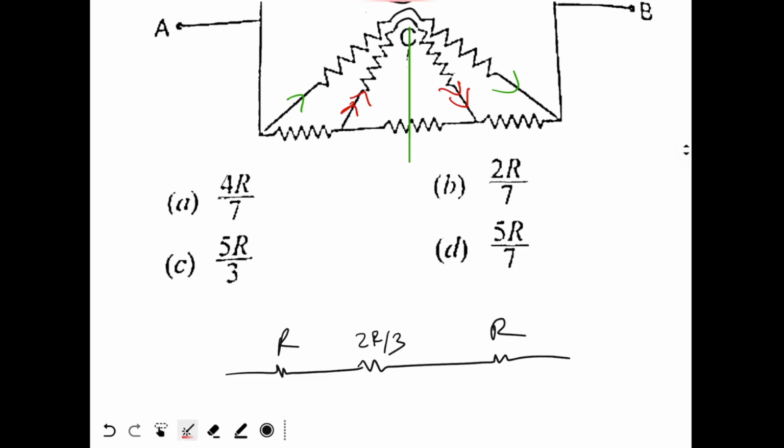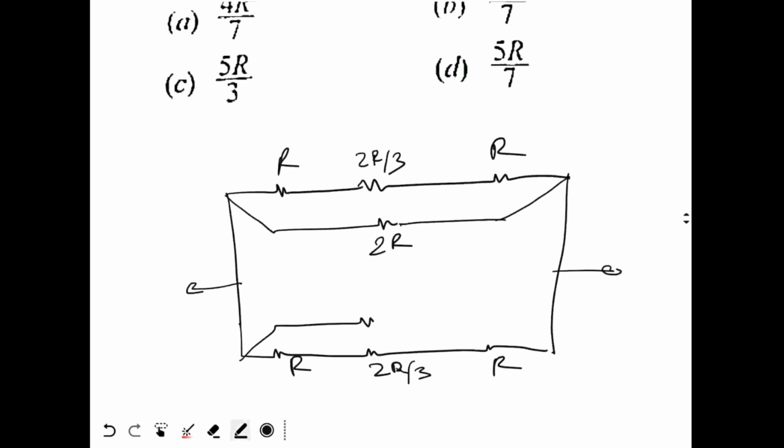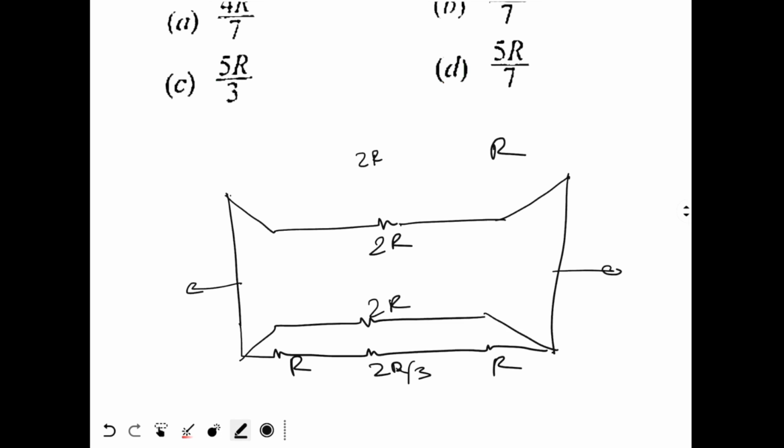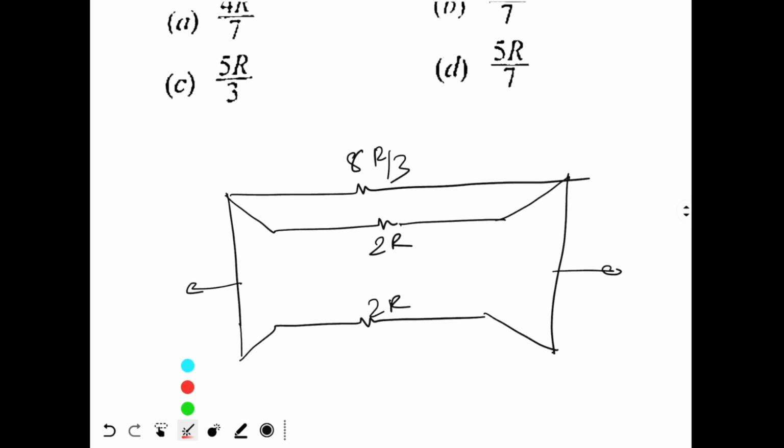So here the total resistance will be 2R plus 2R by 3, which is 8R by 3 at the top. Similarly at the bottom I get the same thing.